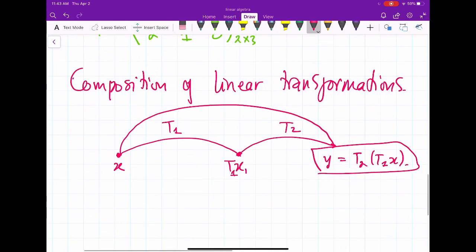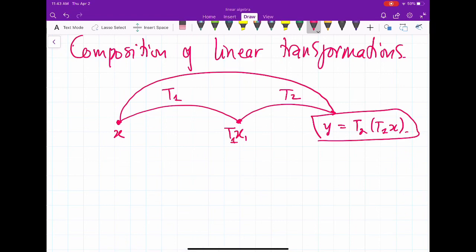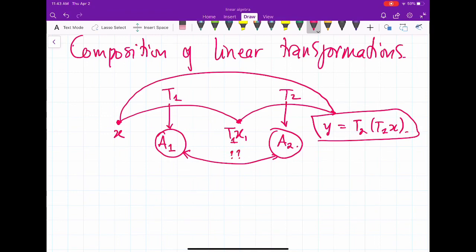Okay, so we just saw that for T1 you have A1, and for T2 you also have A2. The question is, can we use A1 and A2 to create the composition of these two linear transformations? The answer is yes. And how?